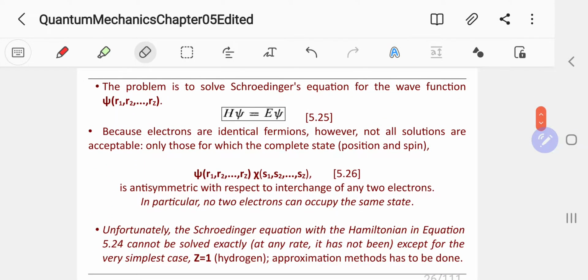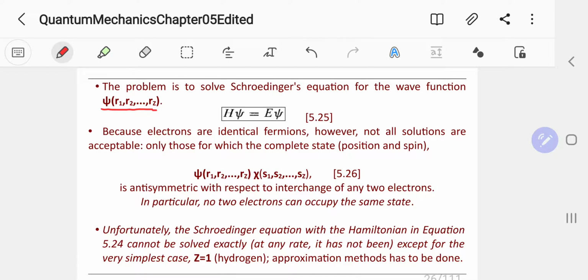So there's a need to solve the Schrodinger equation for the wave function, but in this case you don't have a single electron atom, so you have many electrons, and you will have to deal with this wave function.